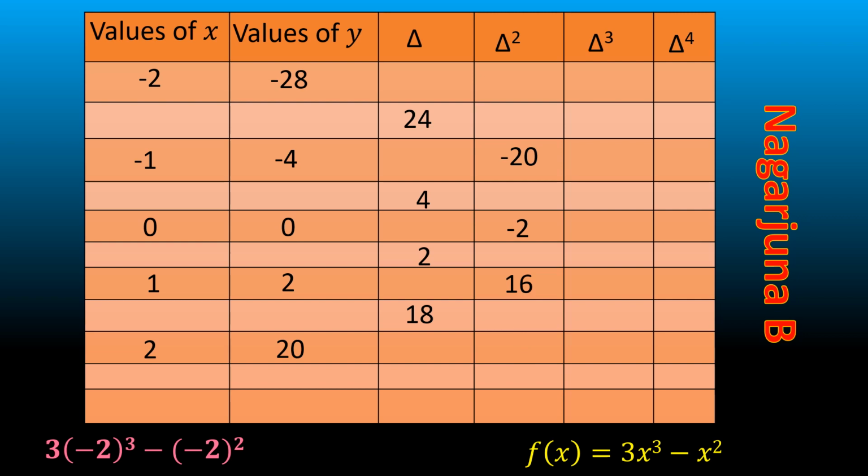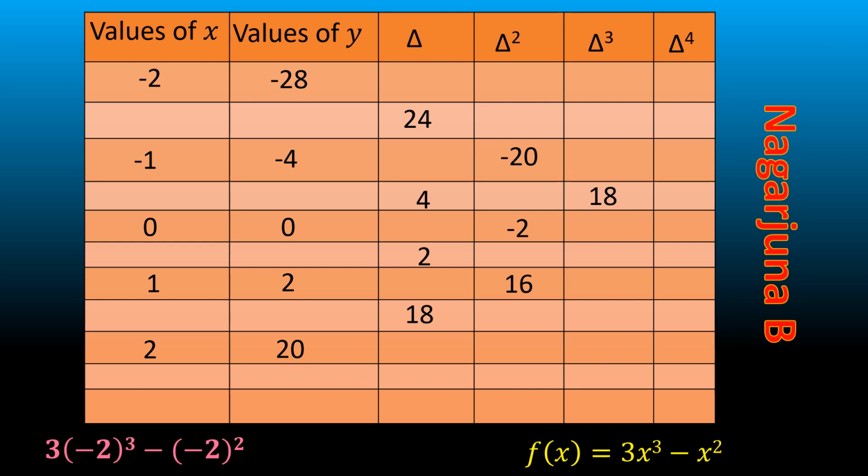The next, delta cube, third difference, minus 2 minus of minus 20. Minus of minus 20 will be plus 20. Minus 2 plus 20 will be 18, and that should be written in between the minus 2 and minus 20 rows in the delta cube column like this.